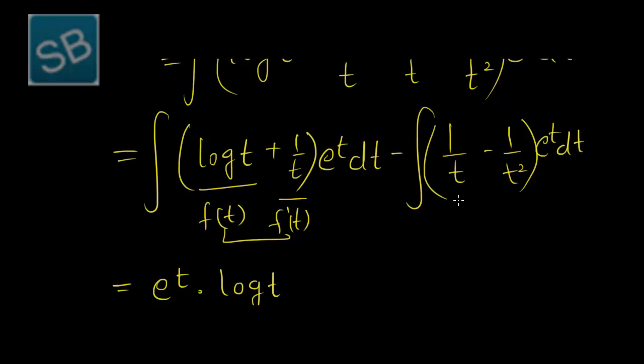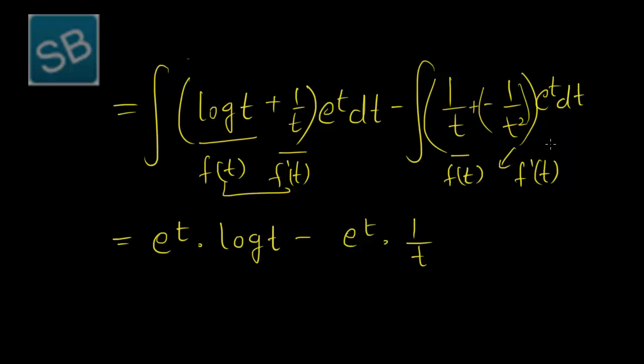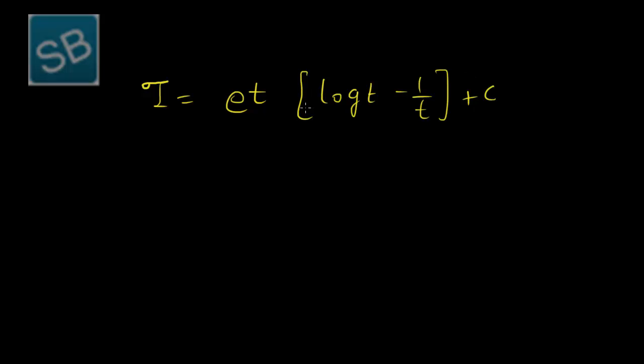Also in the other case, this is a function and this is its derivative, that is minus 1 by t square. So it can be written as plus minus 1 by t square. So we also get e raised to power t into the function, that is 1 by t. So we get I is equal to e raised to power t into (log t minus 1 by t) plus c.